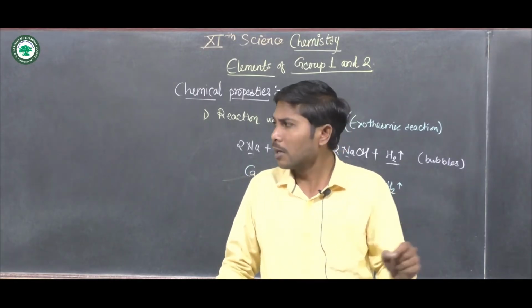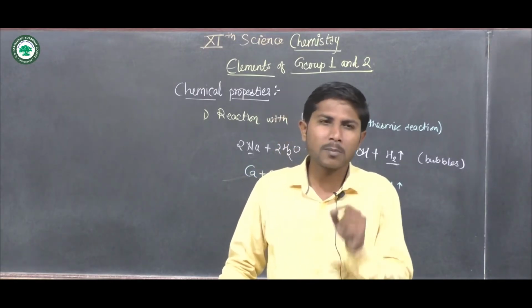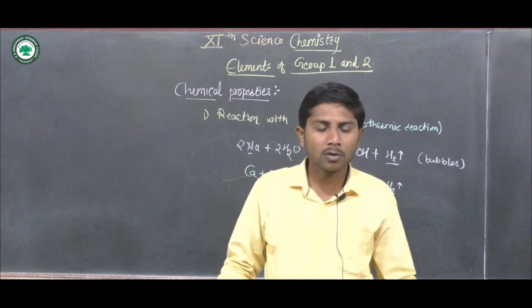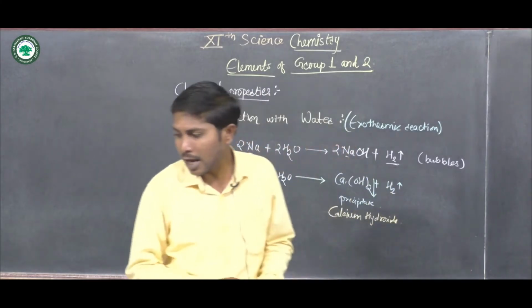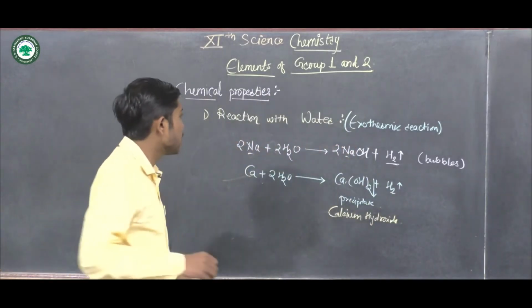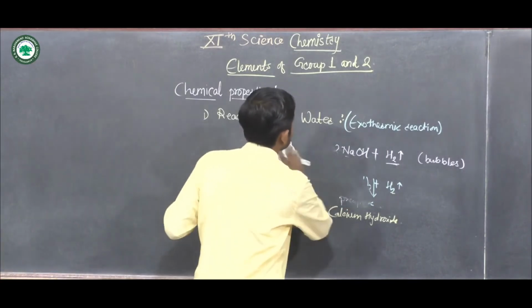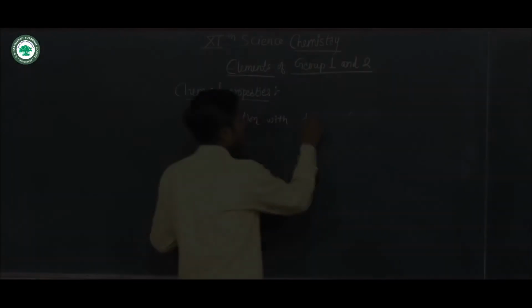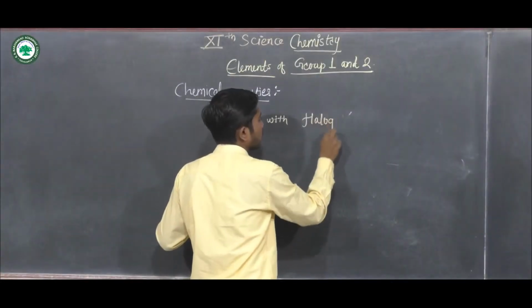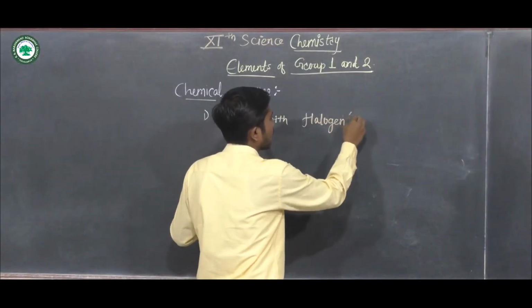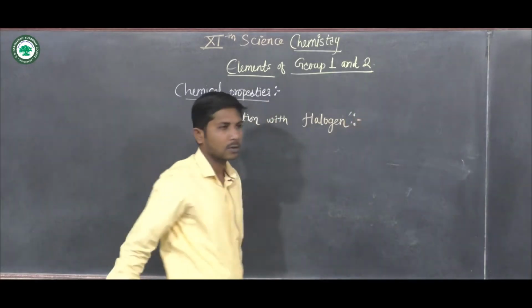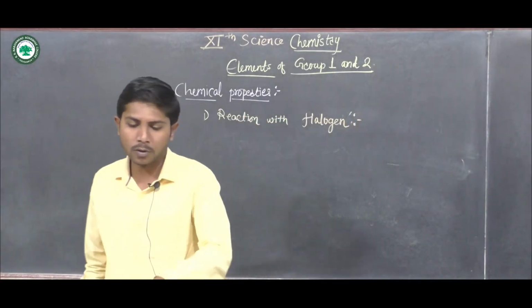Now, what is the important and crucial reaction of these group first and group second elements? These are the reactions of these alkali and alkaline earth metals with the halogens. Reaction with the halogens. What kind of reaction do they show with the halogens?